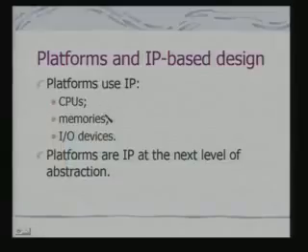But when we are talking about the use of CPU, memory and IO devices, everything together, we are using IP at a next level of abstraction. One example we had already talked about is a pure soft core based platform where you may parameterize the architecture in terms of its processing speed, memory usage, IO channels, and then decide to fabricate that platform instance for your application.